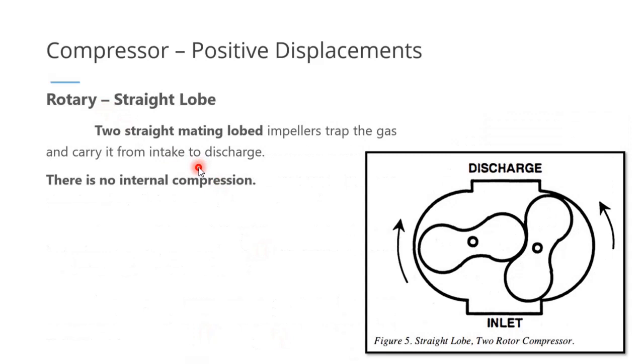Next, we also have straight lobe. Two straight mating lobe impellers trap the gas and carry it from intake to discharge. So, there is no internal compression. Si rotary lobe, constant yung volume niya. Pag pasok nung air dito, yung ikot nung isang rotor, counterclockwise, yung sa kabila, clockwise.